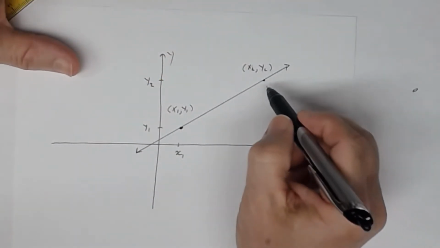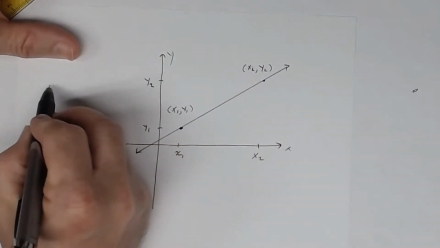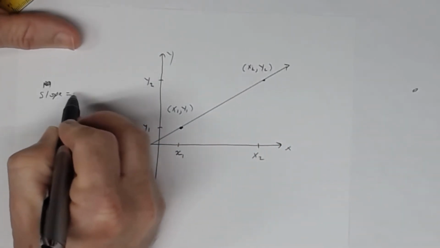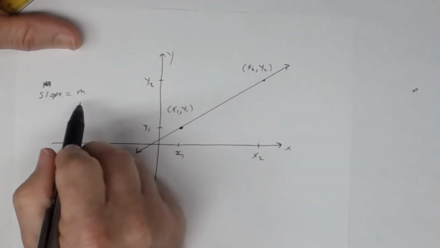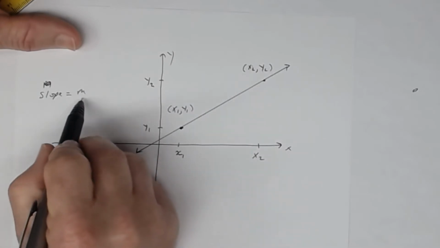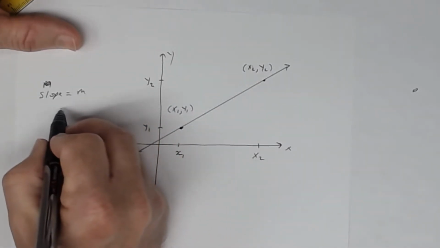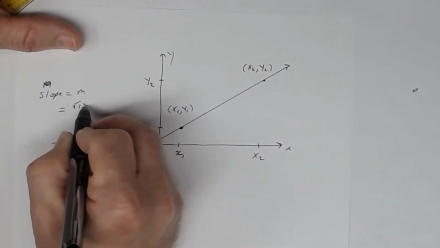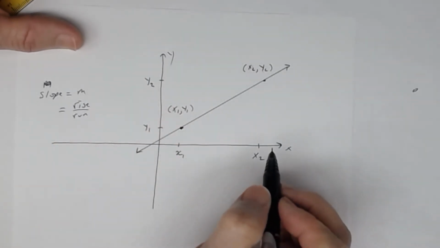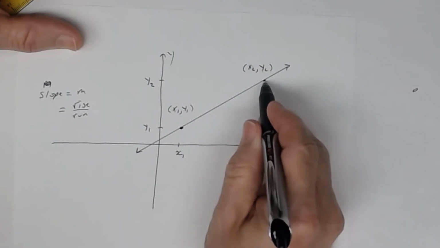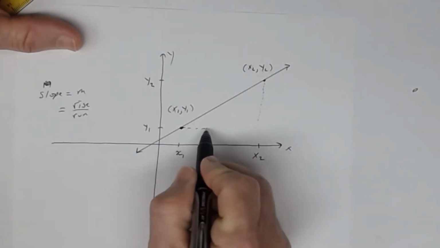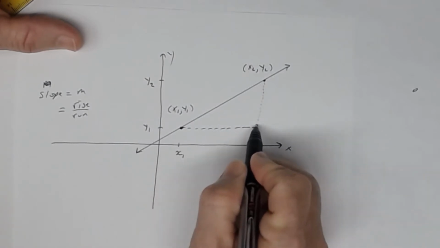Okay? So the slope of a line, we're going to define the slope. I'm going to use the letter m, lowercase m, for slope. So you'll see this, instead of writing the word slope, we'll just indicate the letter m. So slope is defined as rise divided by run. Okay? Rise divided by run. So if I were to draw an imaginary right triangle like this, all right?